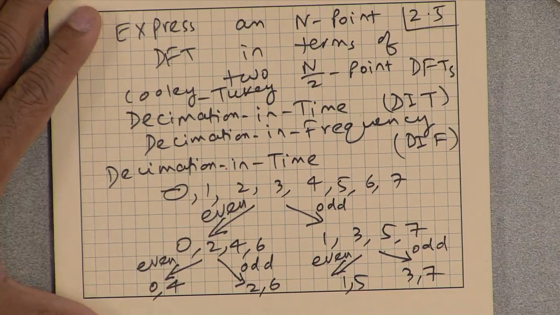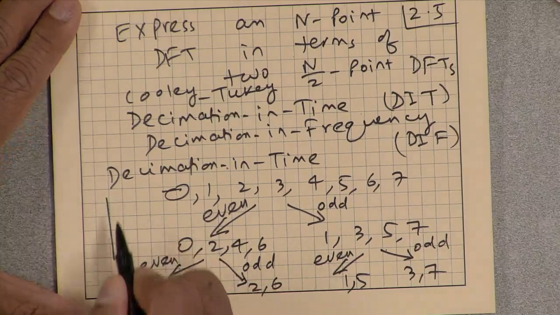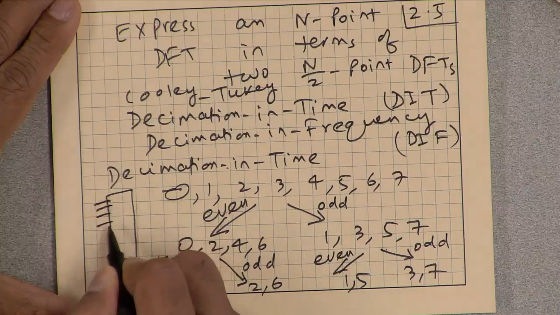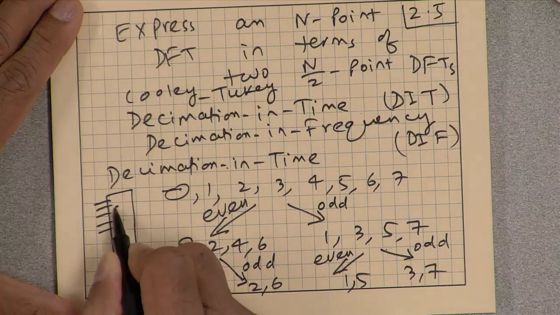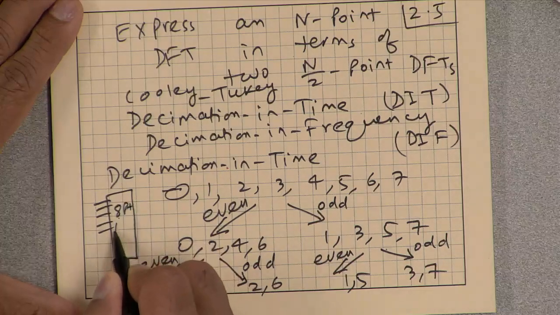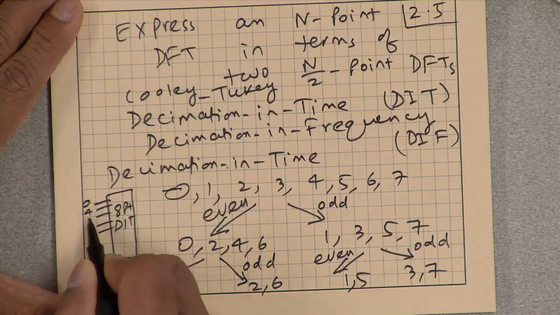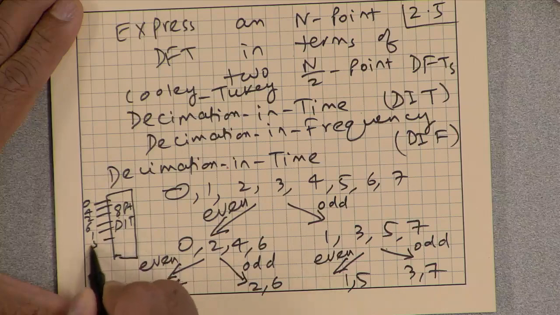So ultimately, in a decimation in time DFT, the inputs are given to the 8-point DIT in that order: 0, 4, 2, 6, 1, 5, 3, 7.